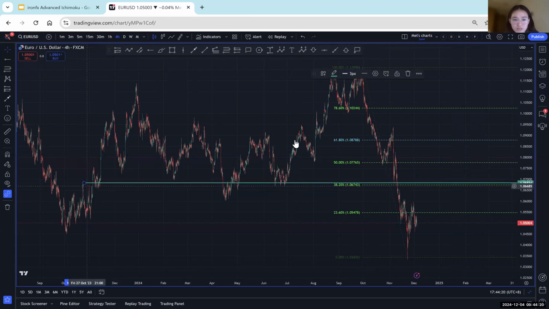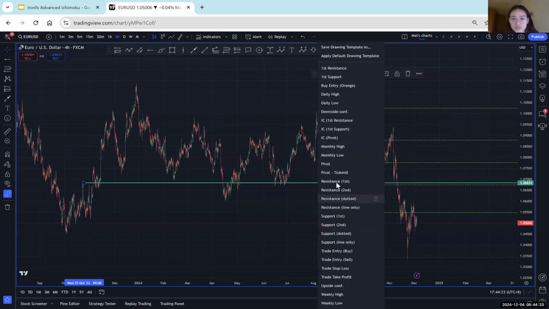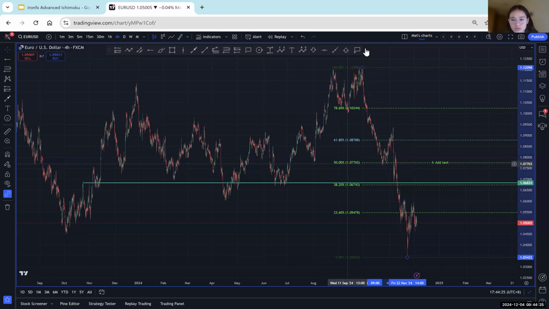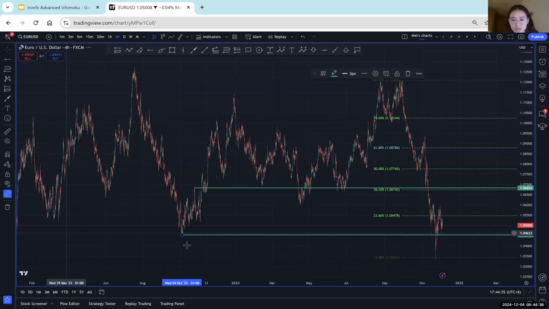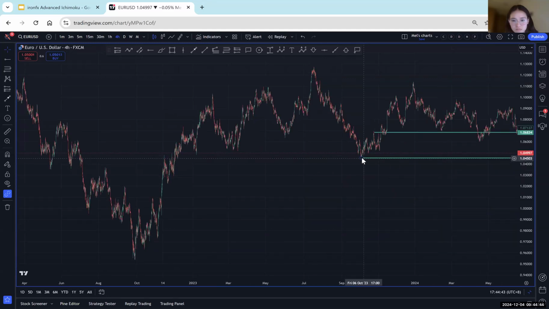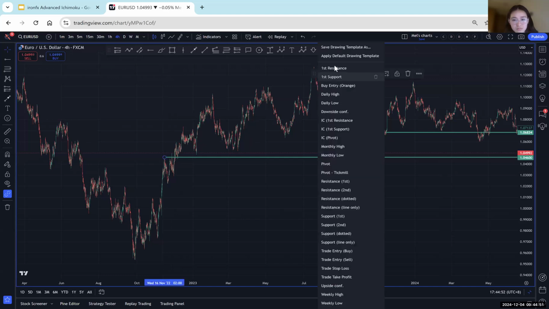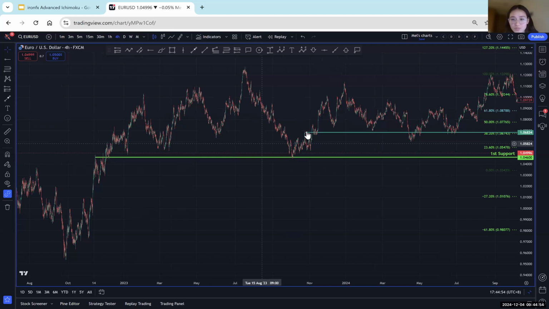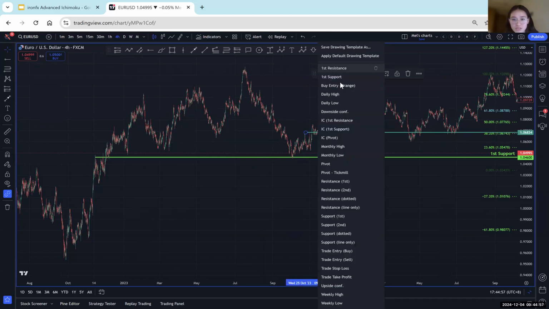Okay, and it lines up with a bunch of swing lows and swing highs as well. And then for my first resistance, or rather first support, that's just going to be at this level here. This is my first support, and up here is my first resistance.